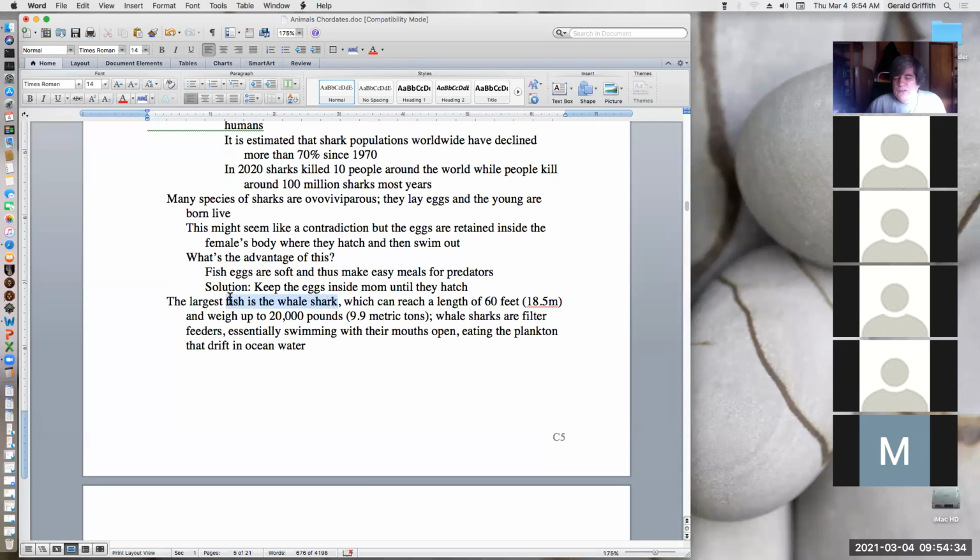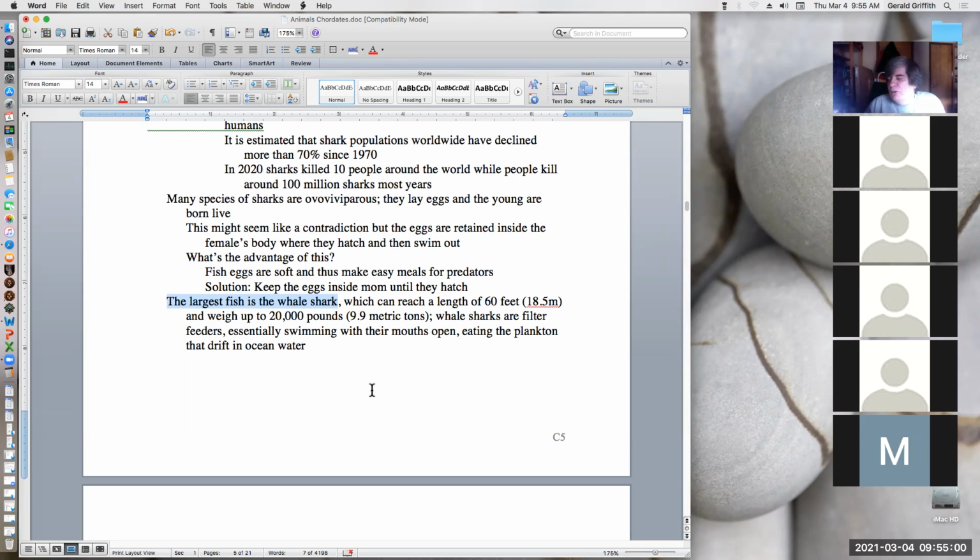Notice that the largest fish is a type of shark called a whale shark, so you can tell it's relatively large. And it can get close to 20 meters long and close to 10 metric tons. And this is another example of an organism that's a filter feeder. Whale sharks are different than other filter feeders that we've talked about.